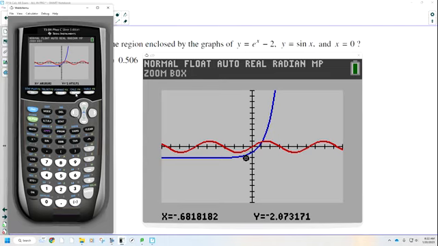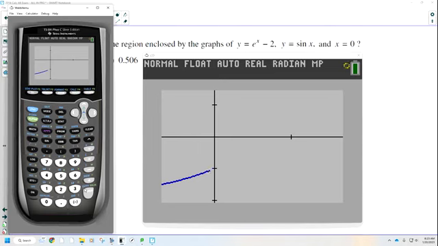Let's go here. Let's hit enter. It is an underused function. I love the zoom box. I can just select where I want to zoom. So I'm going to hit enter. And there we go. So the blue one is e to the x minus 2, and the red one here is sine of x. So I want between.